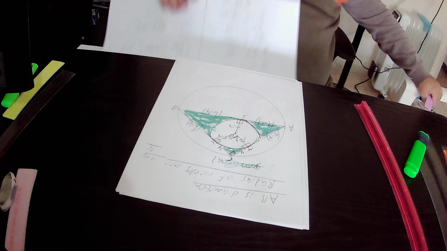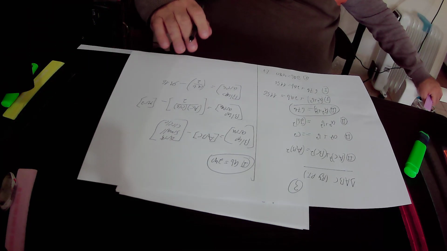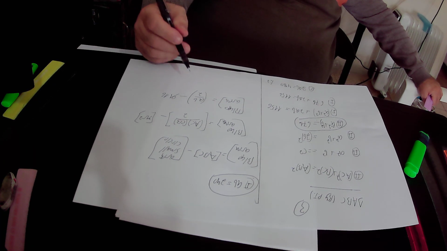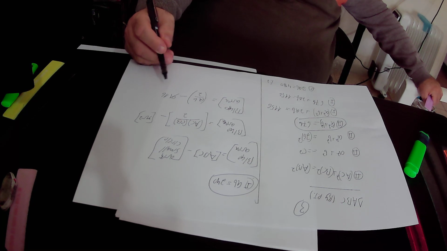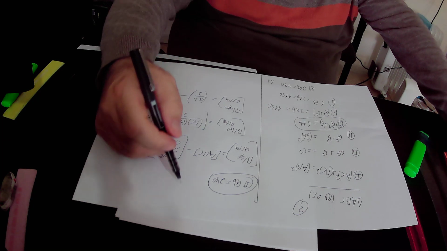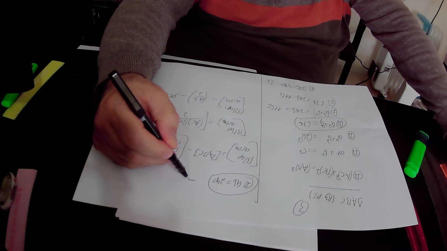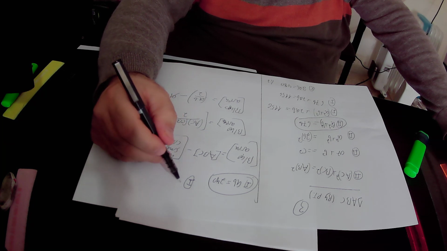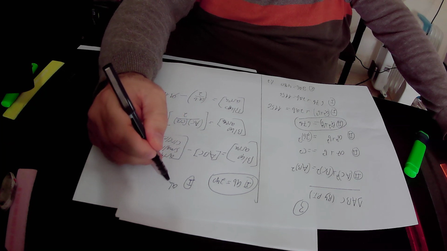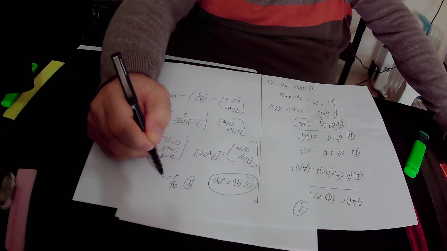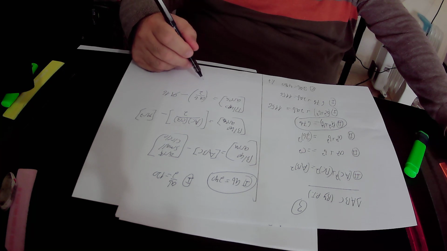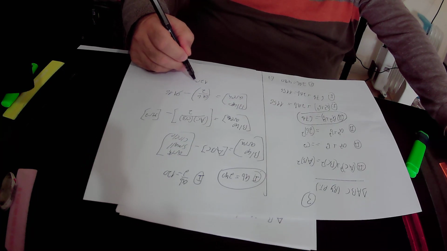So we found out that the blue area equals the area of triangle ABC, that is AB over 2, minus 16 pi, that is the area of the circle. Here, according to equation number 1, AB equals 240. We divide by 2, and we get that AB over 2 equals 120.